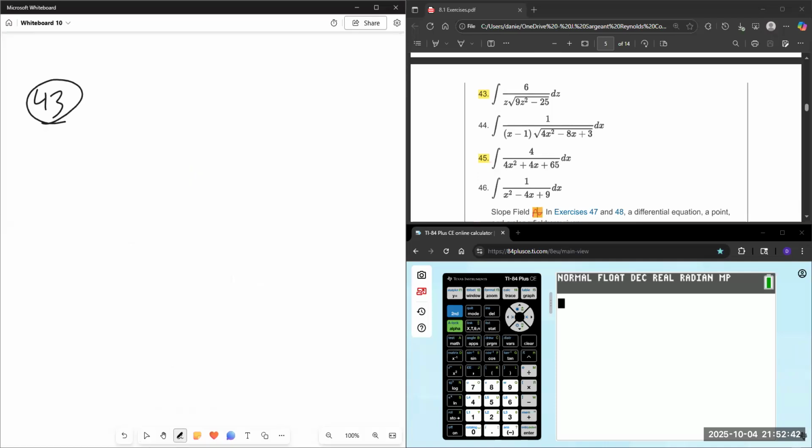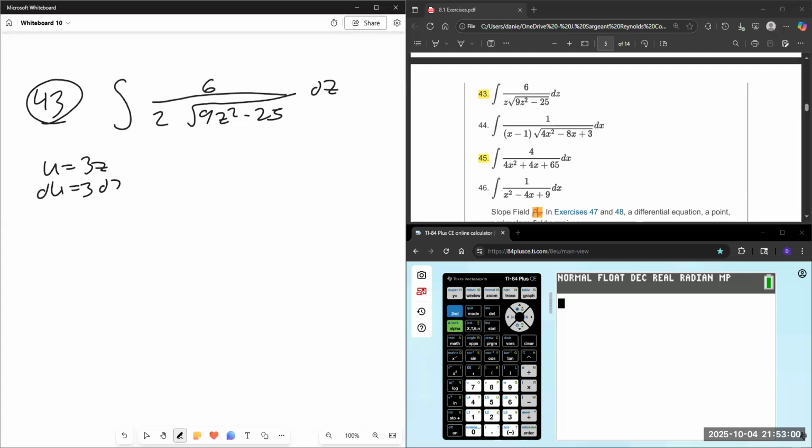Number 43 is the integral of 6 over z root 9z squared minus 25 dz. So u is equal to 3z, du is 3 dz. a squared is 25 and a is 5.